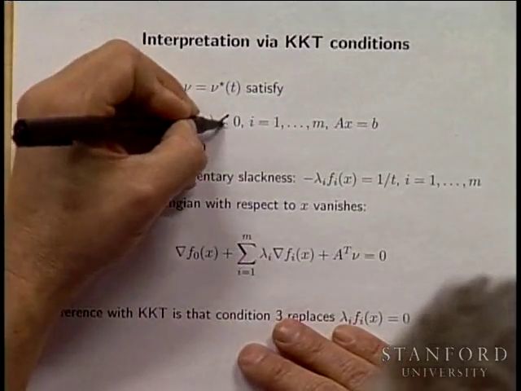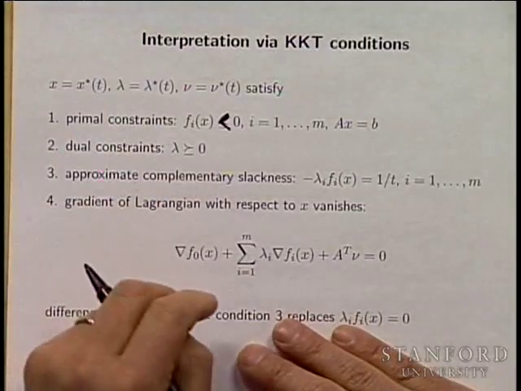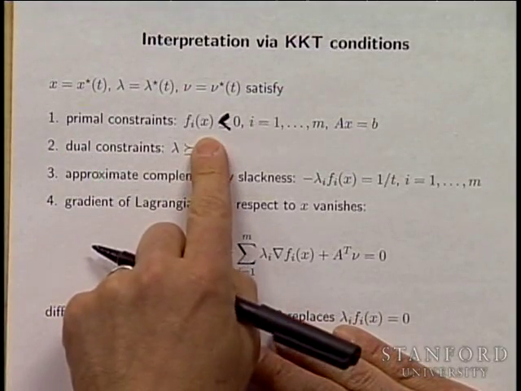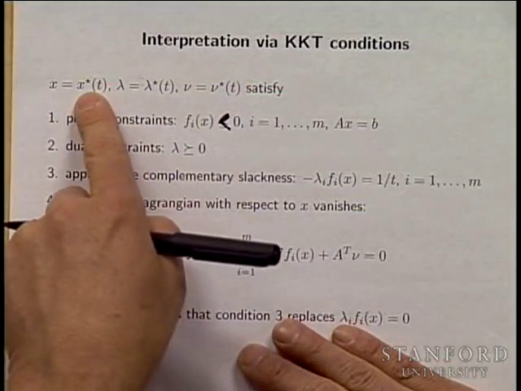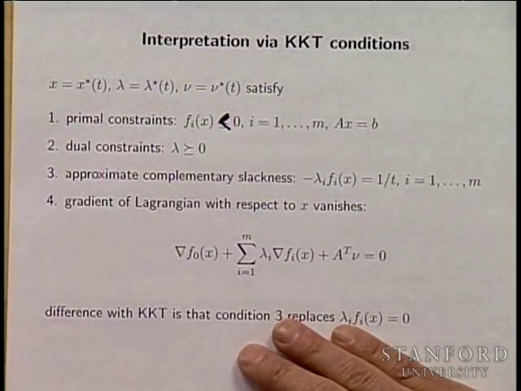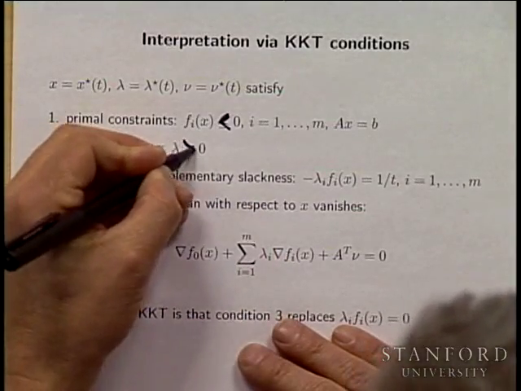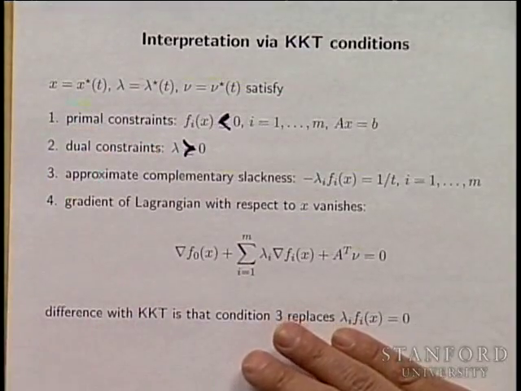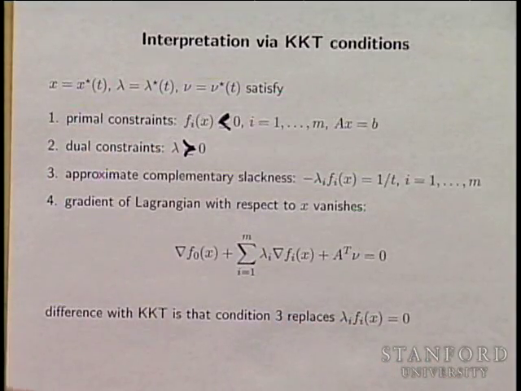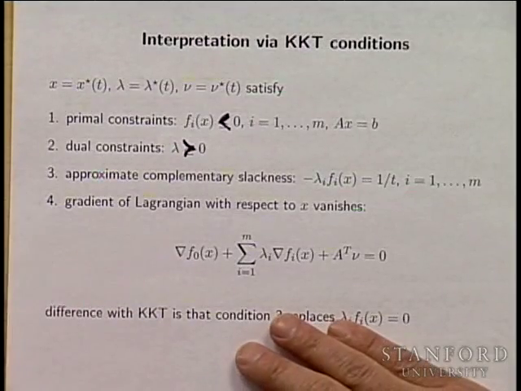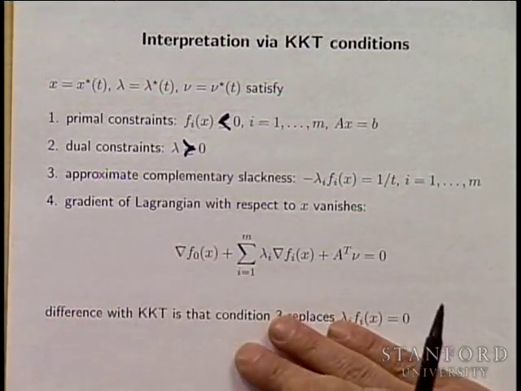In fact, this one I can make stronger. You're actually strictly feasible, obviously, because the objective that defines x star of t has log minus fi. So this is strictly positive, and in fact these are strictly positive, because those are 1 over t times minus fi, which is strictly positive.